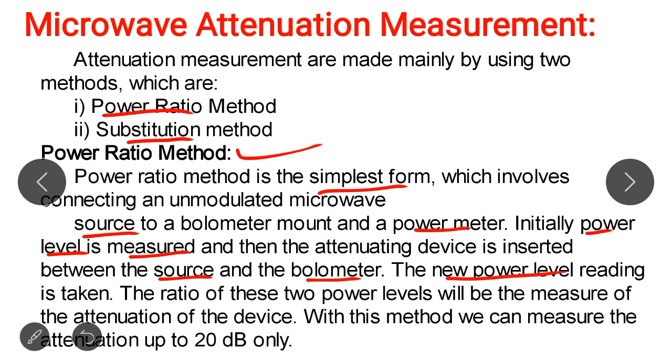The ratio of these two power levels is used to measure the attenuation of the device. With this method, we can measure the attenuation up to 20 dB only.